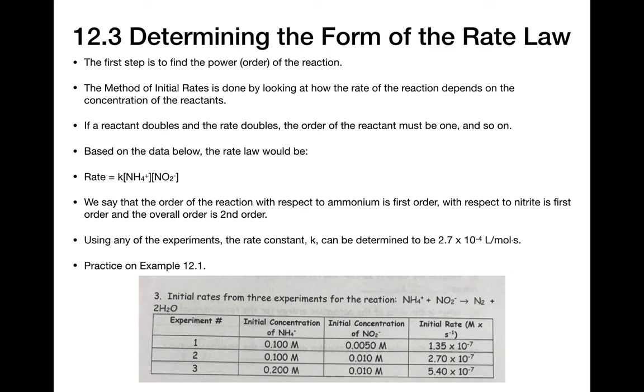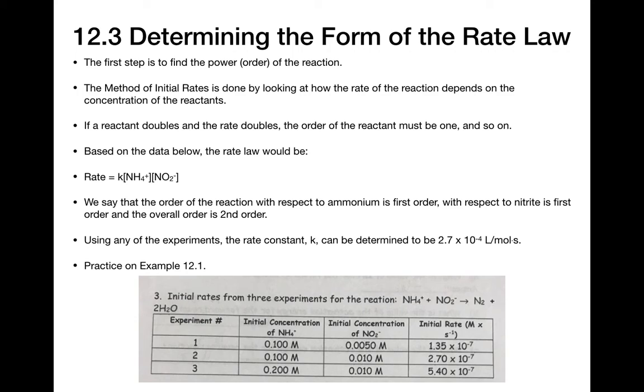Now, why would we have these units, liters per mole per second? Well, the rate would be in moles per liter per second, but we're dividing the rate by the moles per liter twice. So we have moles per liter per second divided by moles per liter squared.